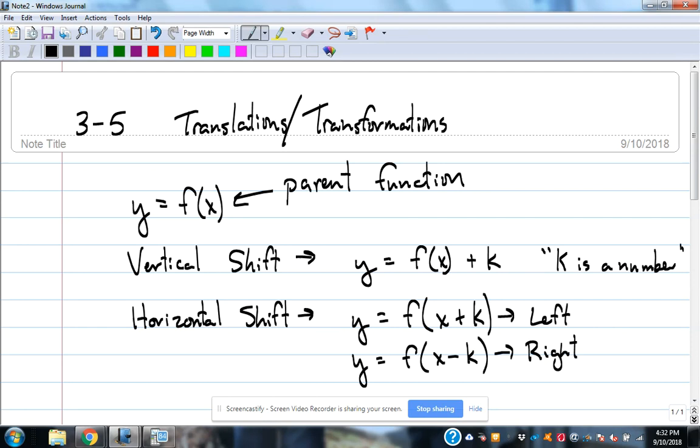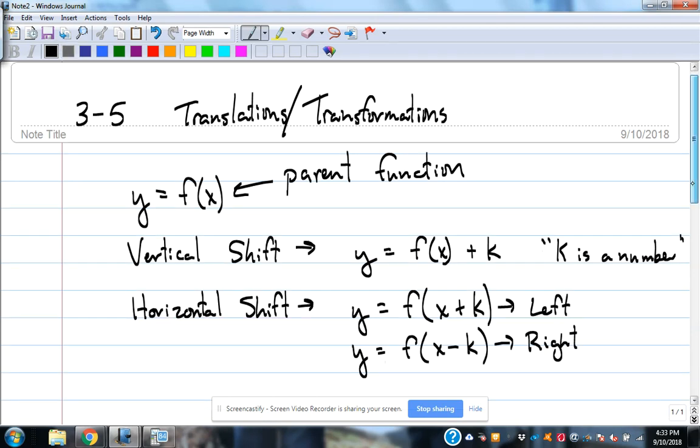Anything that's horizontal is going to happen on the inside. So vertical shifts, vertical stretches and things happen on the outside of f of x. Horizontal things happen on the inside of the parentheses. That's the pattern we're going to notice. But it's the opposite: you think when you're adding something it moves this way, but on the inside it's like a mirror reflection. So if you add on the inside, it moves to the left. Subtracting on the inside moves it to the right. Gotta remember those things.